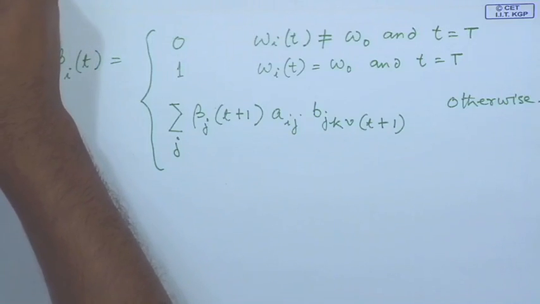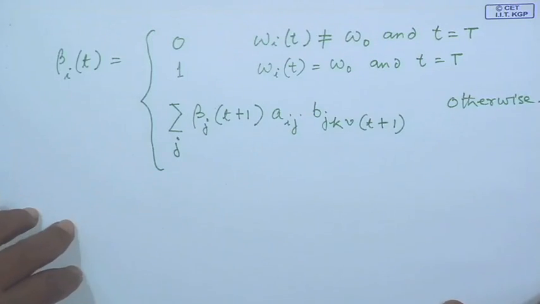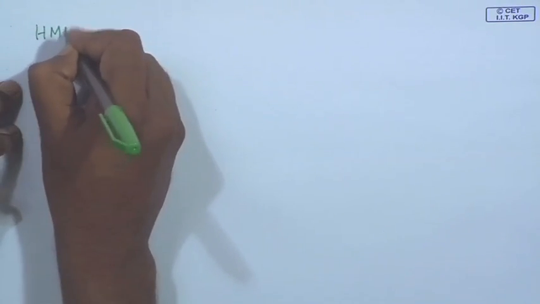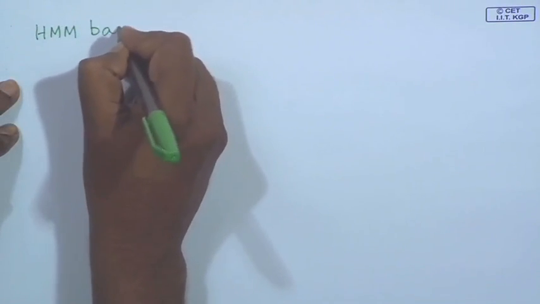So, as we define this, we can also write an algorithm, this backward algorithm, which we will term as HMM backward. Earlier we have written the HMM forward algorithm, so now I write HMM backward.